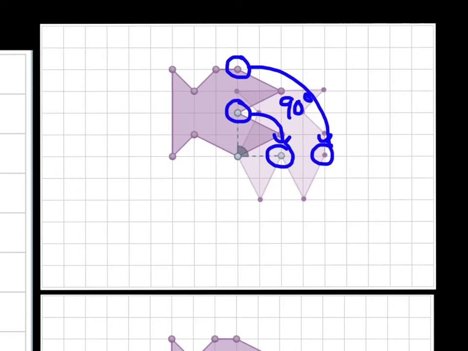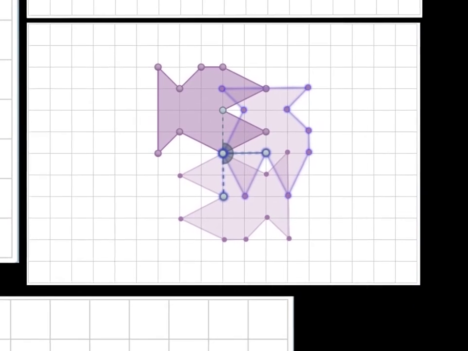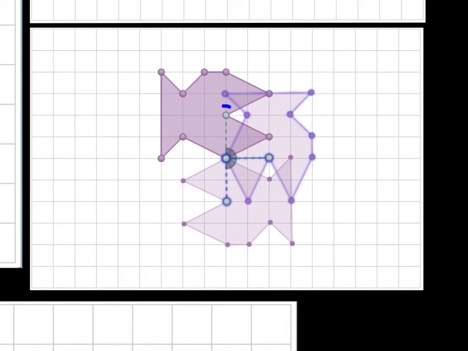However, it's only rotating 90 degrees. For our next one, we now have the jaw of our fish in 3 of the locations around its center of rotation. We can see that it's rotated 90 degrees 1 time and 90 degrees 2 times.